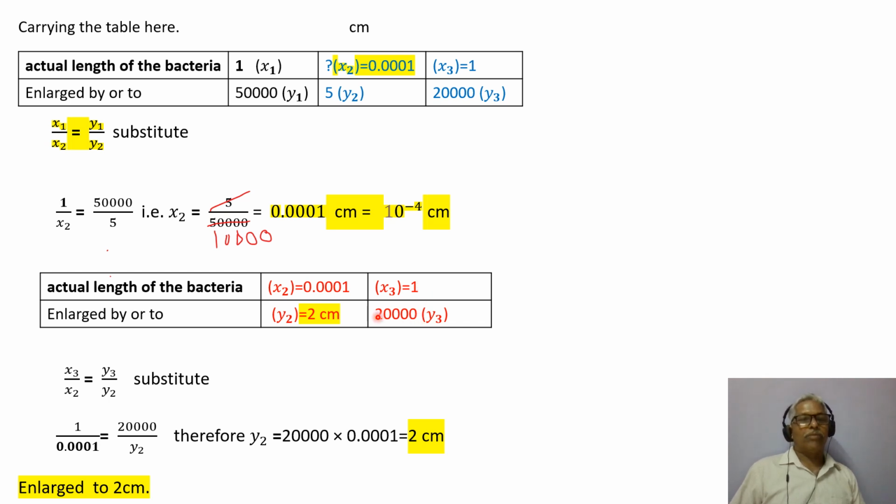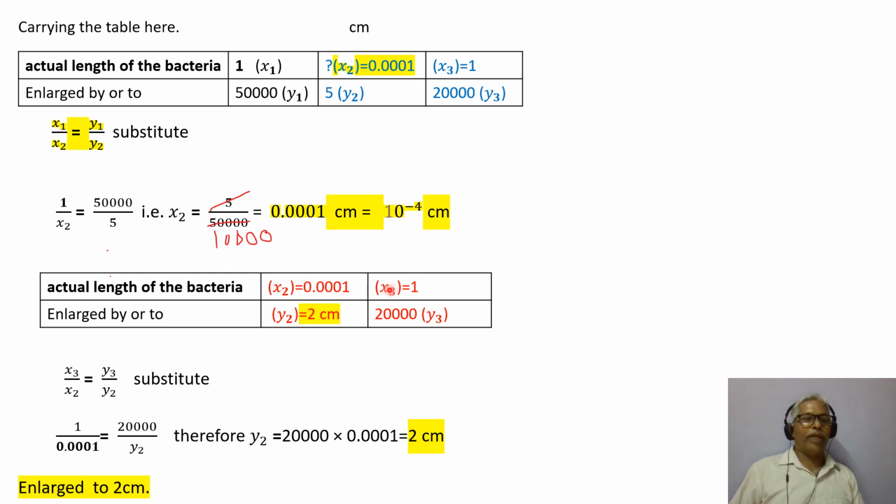So here we know the actual size and enlargement of 20,000. Think over it, you yourself think over it. You will get it. x3 upon x2 equal to y3 upon y2.